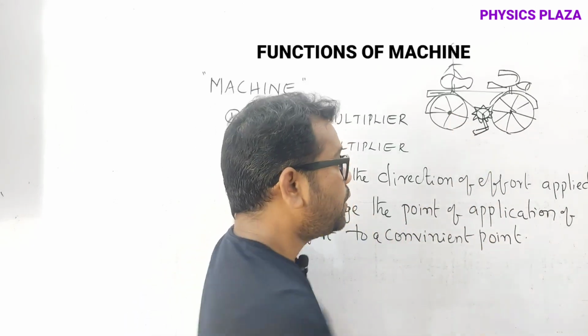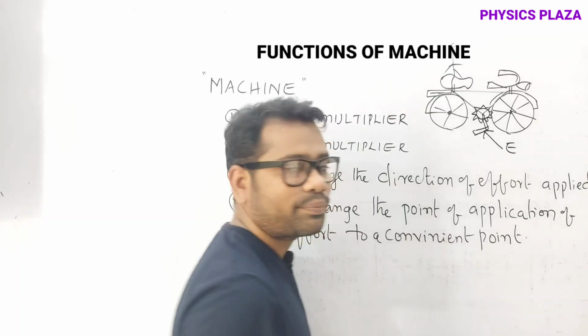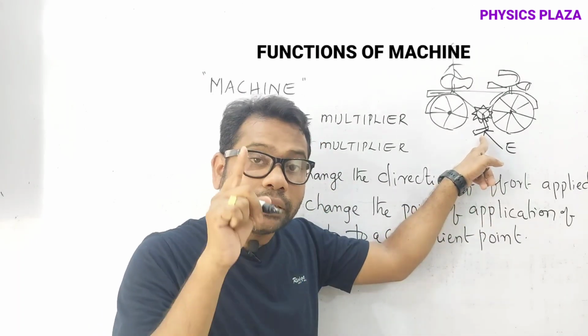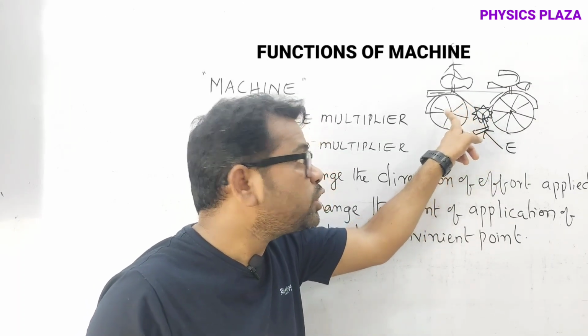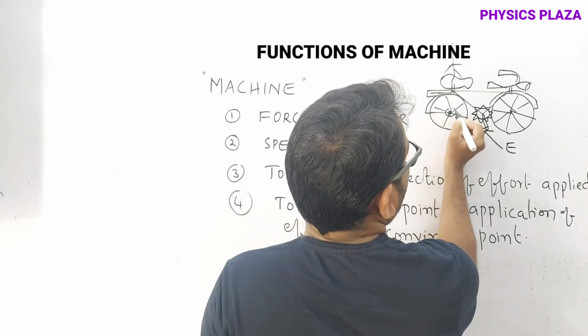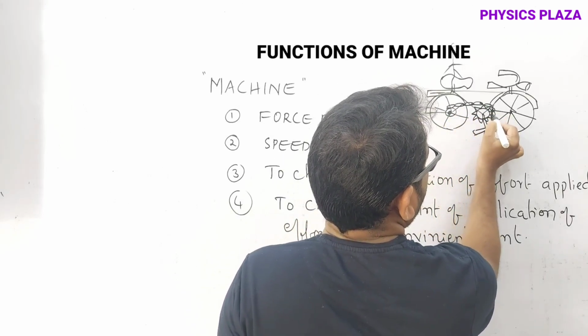For that reason, we exert effort here. This is the point where we are applying the effort, but that has to be transferred to a convenient point. For that, we have a chain system.